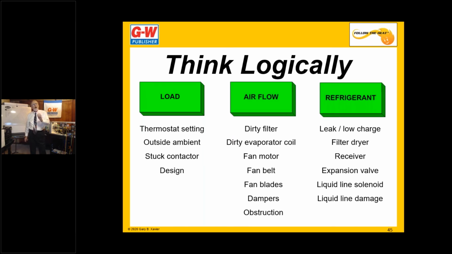So logically think through that problem. And if we use inductive reasoning, it brings us to that conclusion based on observation and our experience. That's the difference between being a troubleshooter and a parts changer. It's all about thinking logically.